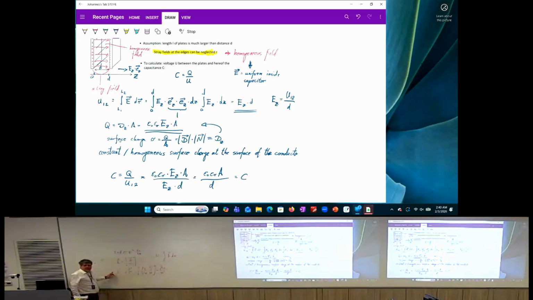If you do any integration on this flux density, on the displacement field, then you do an integration like you saw in Gauss's law, that you actually do an integration over a surface and you obtain then some charge.